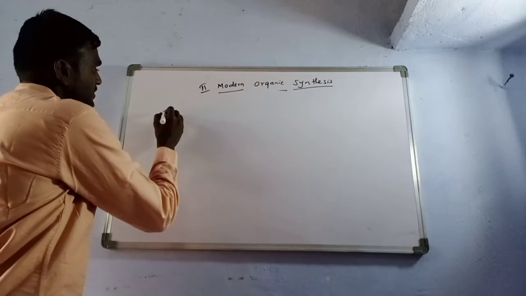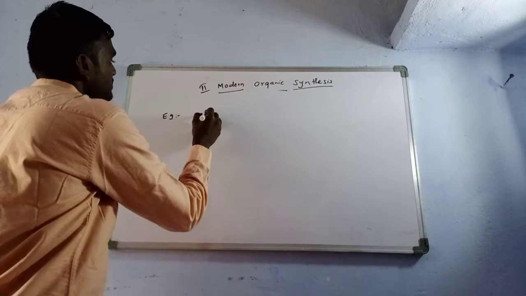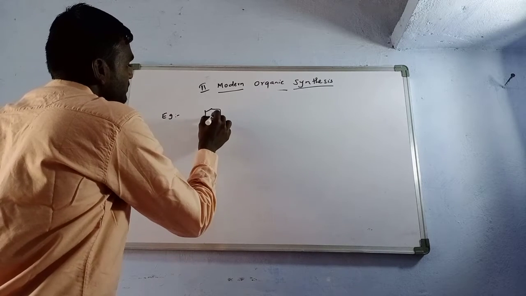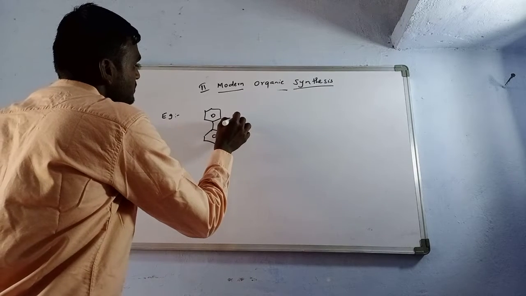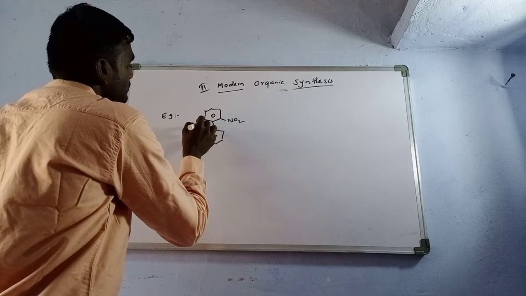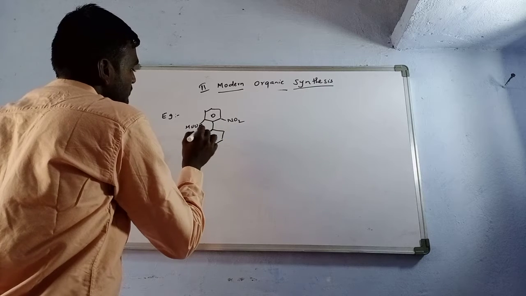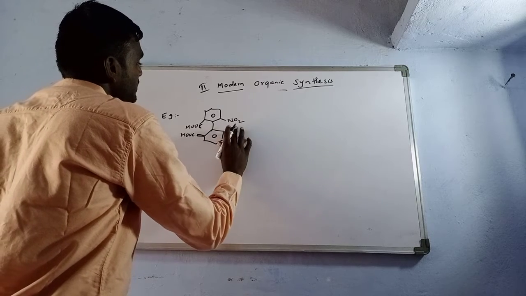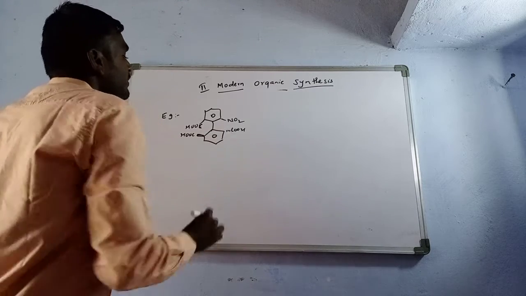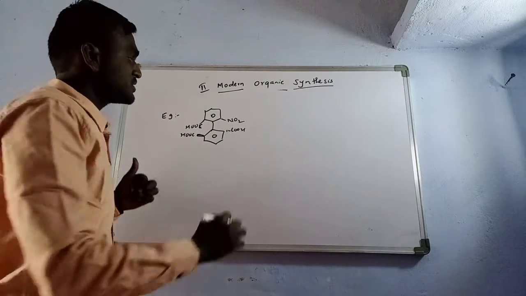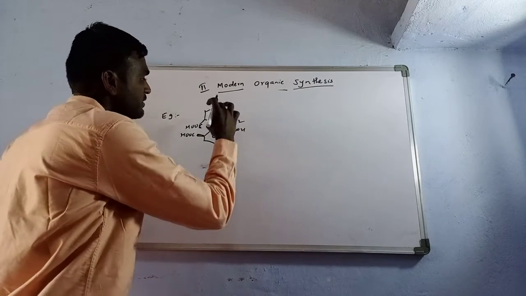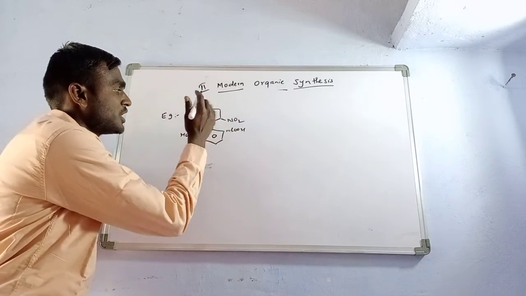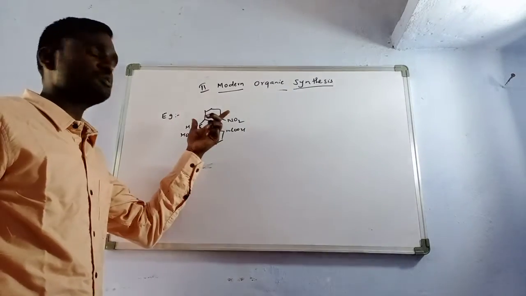For example, let's take another example of prochirality. These two are biphenyls, one with a thick line and one with a dotted line. For biphenyl molecules, the condition for chirality is that the ortho positions of the two phenyl rings have different substituents.